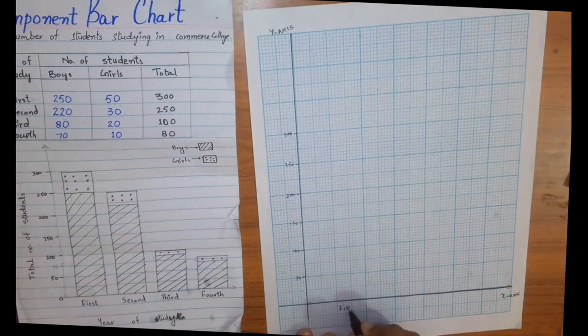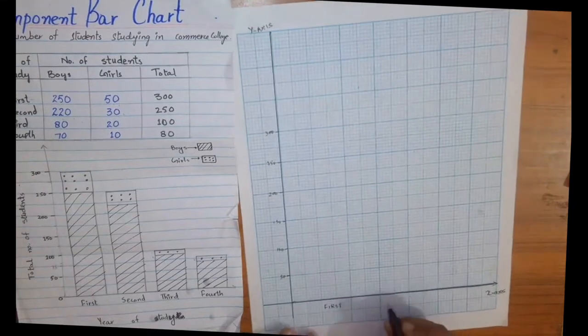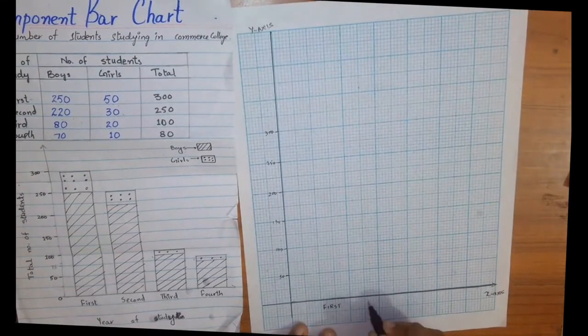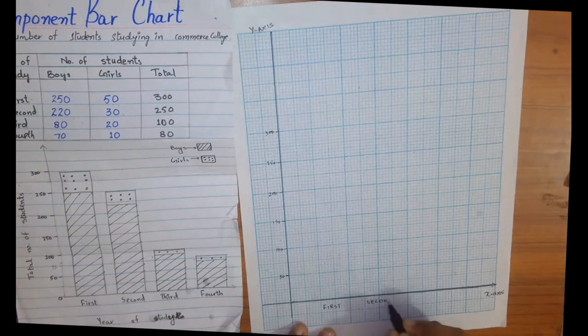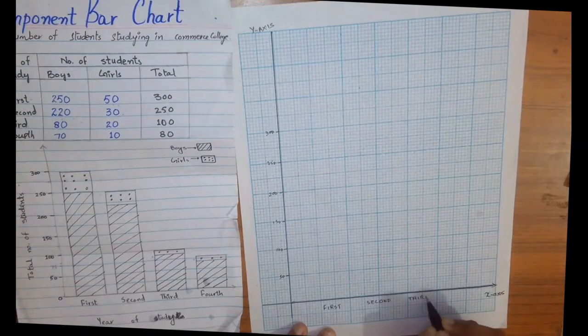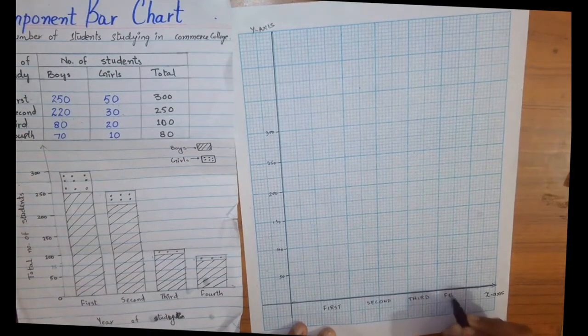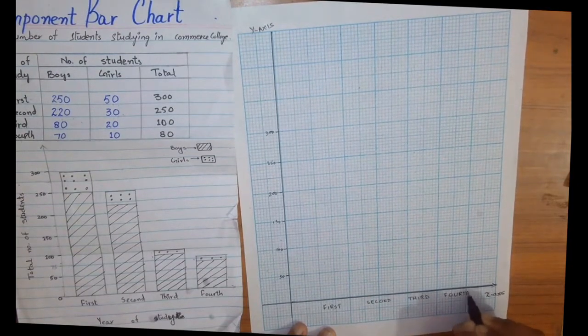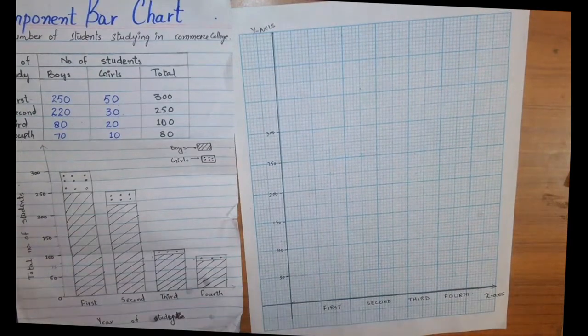Let's write first here, second here, third here and fourth here. Make sure the width of all the bars is similar.